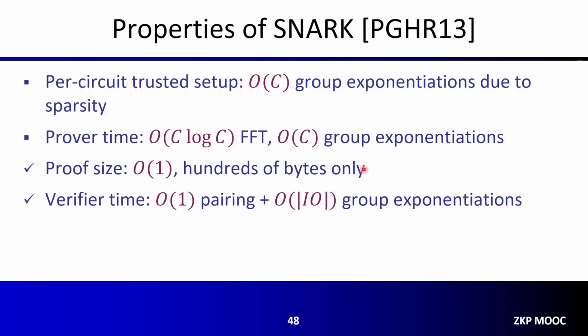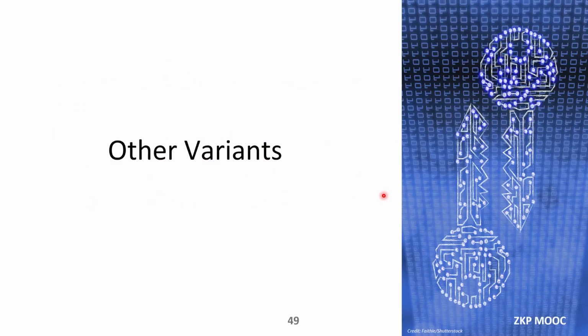And then in this way, the public input and output of the SNARK becomes constant, and this computation is negligible. And the verifier can actually check the hash outside of the SNARK and then verify the SNARK in constant time. So that is the property of this SNARK based on the quadratic arithmetic program. In the next segment, I'm going to show you some other variants of this SNARK construction based on QAP.